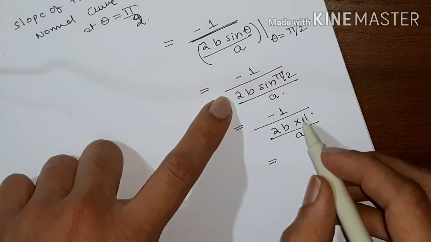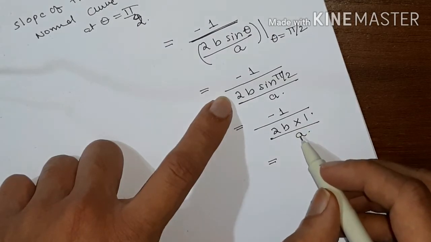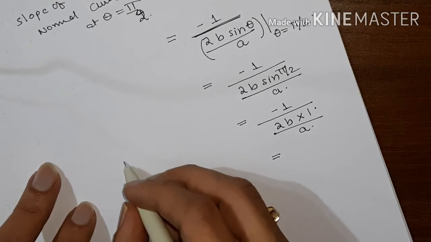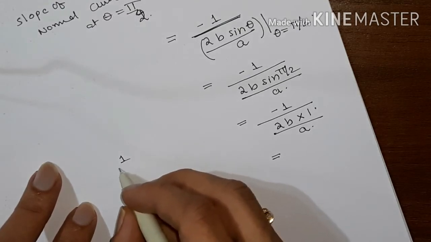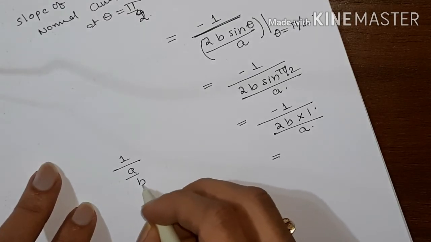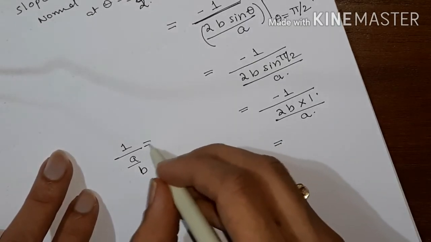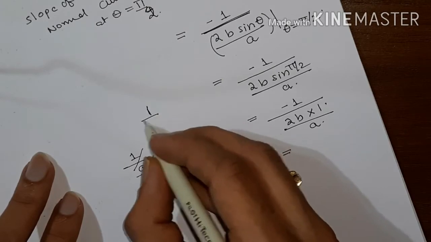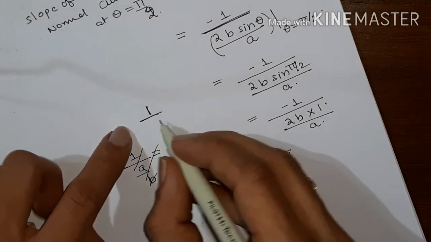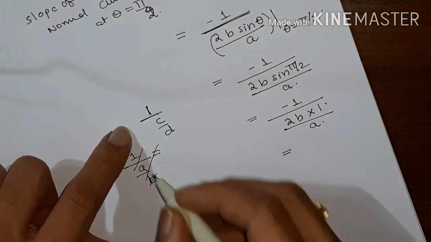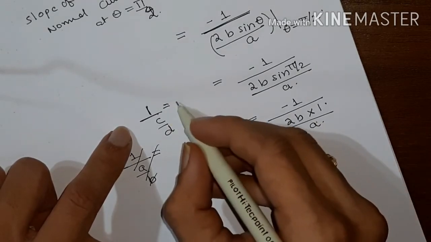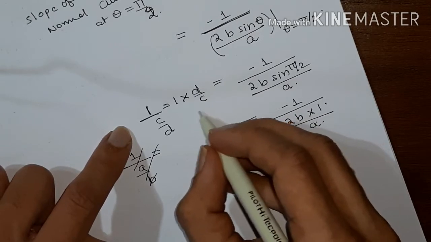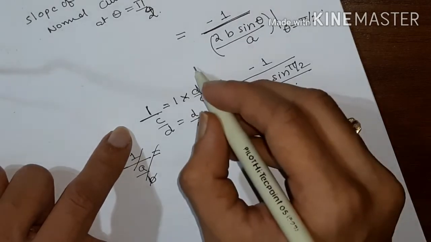Now this is 1 divided by c by d, which is 1 multiplied by d by c, that is d by c.